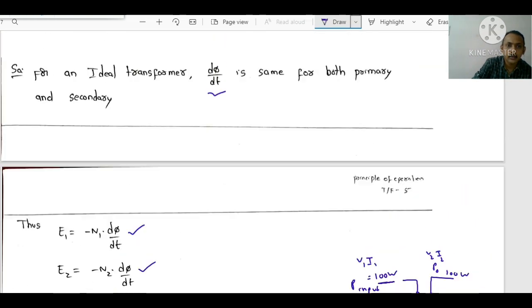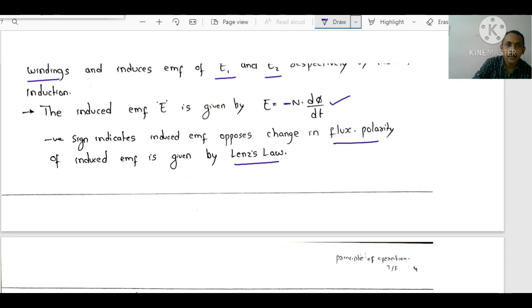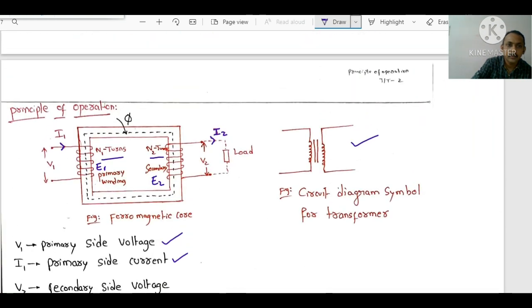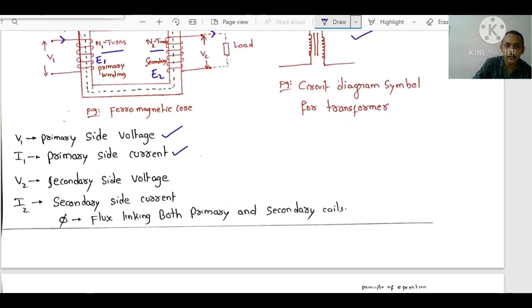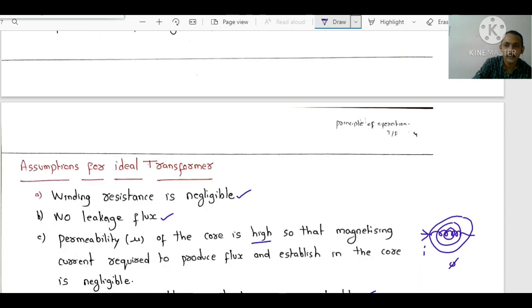V1 is the voltage you apply, and E1 is the induced EMF in the primary. If there are no losses, the input voltage can be taken as the induced voltage. Similarly, E2 is the voltage induced in the secondary. V2 is the voltage available across the load, right? Primary side, secondary side. Phi is the flux linking both the coils. These are all the basics.